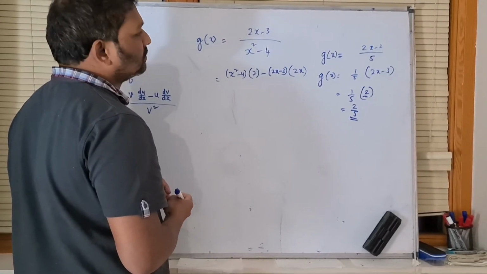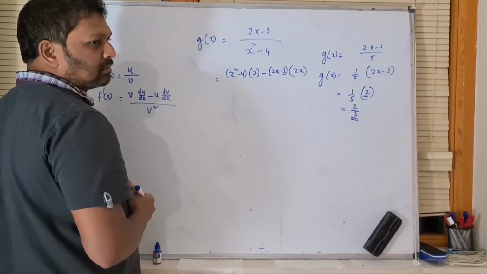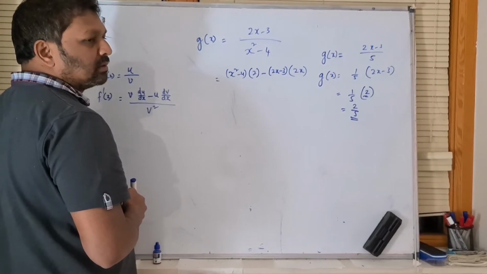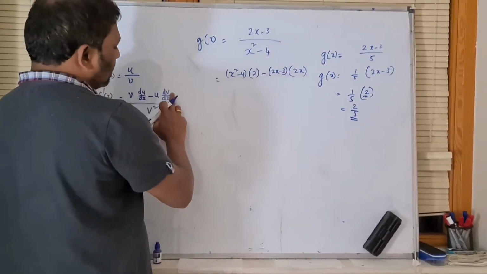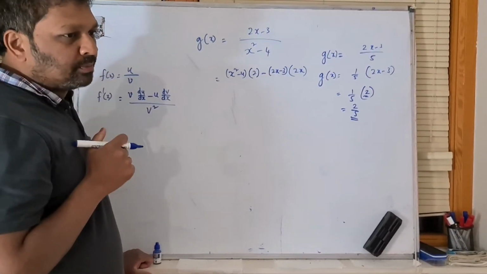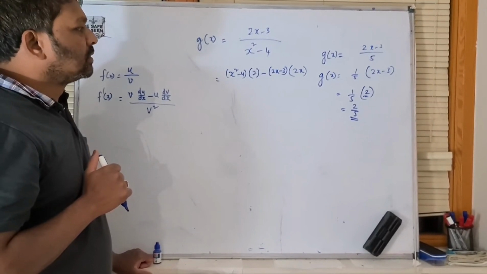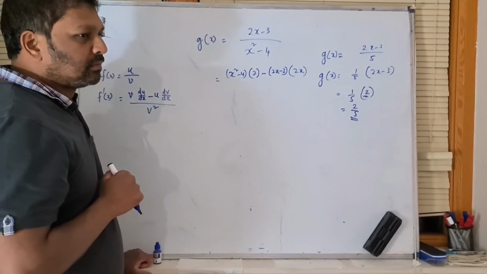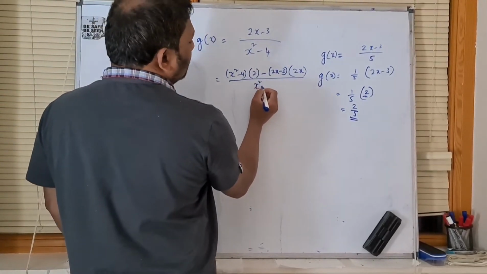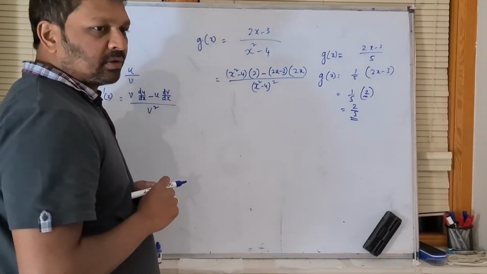X squared minus 4, but the differentiation of x squared minus 4 is 2x. Then the differentiation of 2x minus 3 is 2. By x squared minus 4, whole square. Okay, simplify it, and we'll get the answer.